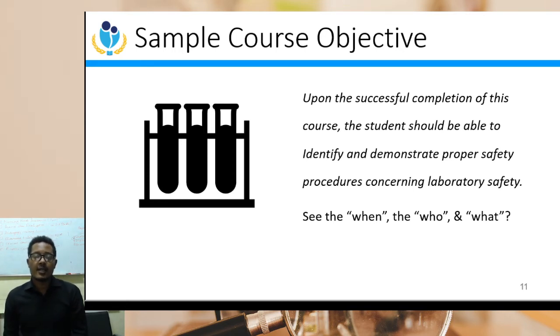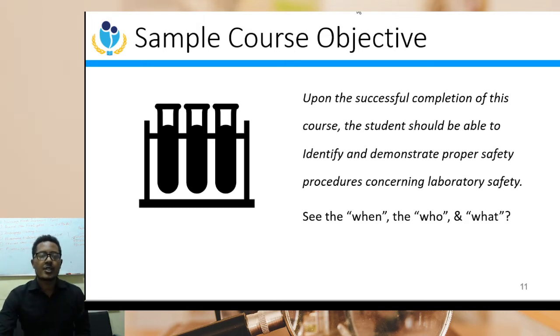As we can see here, the when is upon the successful completion of this course. The what, or the expected performance or behavior, is being able to identify and demonstrate the proper safety procedures concerning laboratory safety, and who is going to perform that action is the student.